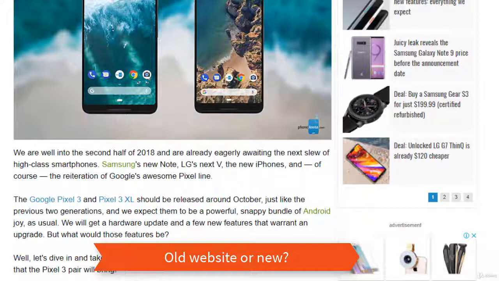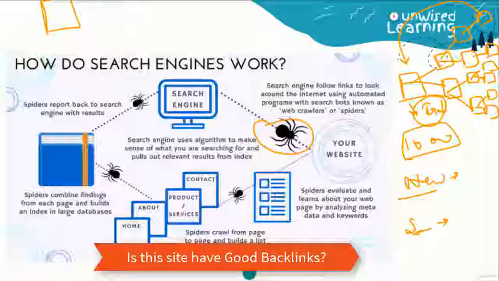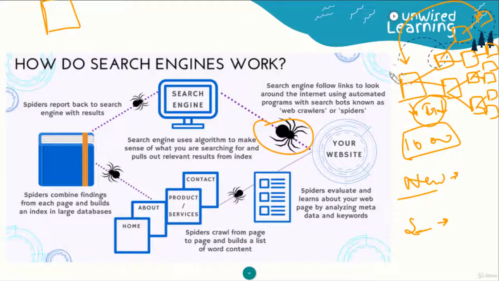Or is this site referred by some good keywords or some big site? Like, this is the CNN website and they have referred to my site. This is my site, which is referred by CNN. This is something good and Google will take it in a positive manner. While if someone's website is referred by a spammy site, Google will take it in a negative manner.